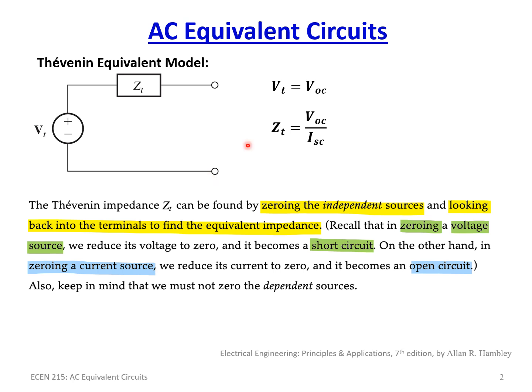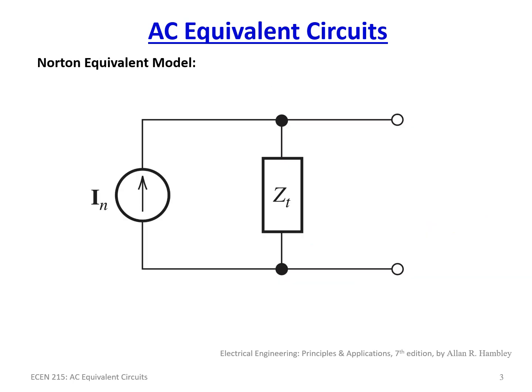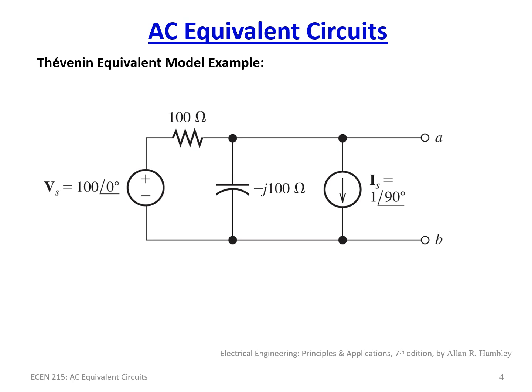Then you get the short circuit current through that leg, and that becomes your ISC, and then ZT is just the open circuit voltage over the ISC current. The Norton equivalent model is the same, except the only difference is now the Norton current is just equal to VOC over ZT, which also happens to be equal to the short circuit current.